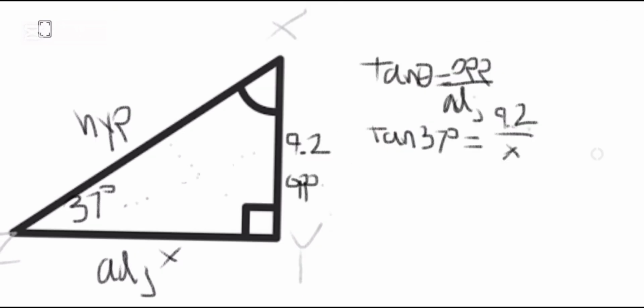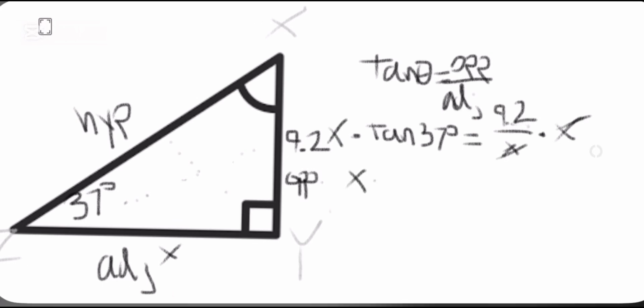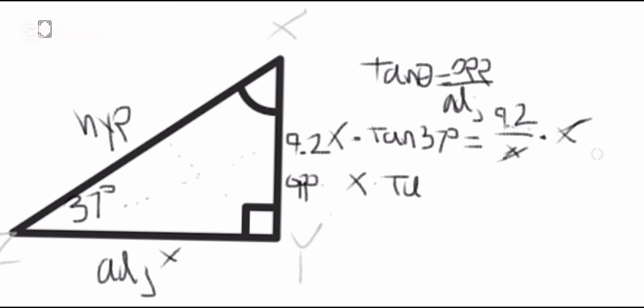Let's isolate x to find its value. The first step in isolating x is multiplying both sides by x, because x is on the bottom of the equation. So tan times x, and this cancels out, so we're left with x times tan 37 degrees equals 9.2.